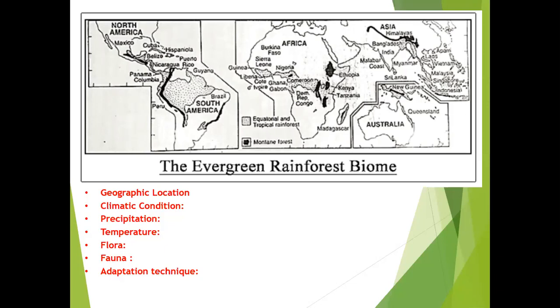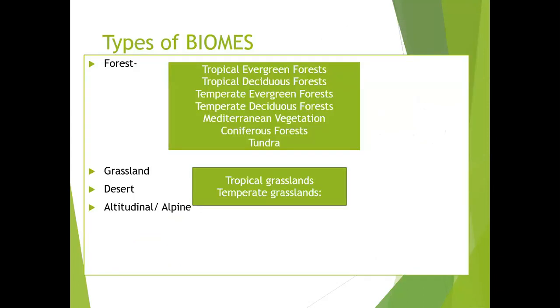Now talking about flora, it is highly diverse in this region, and the types of flora found here are mahogany, rosewood, ebony, jackfruit, betel nut palm, etc. Basically, all hardwood trees you'll find in tropical evergreen forest.